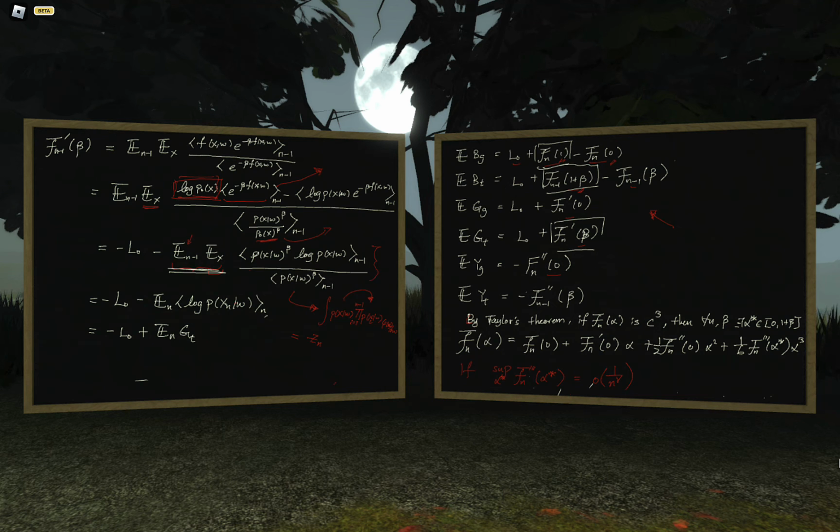Well, then you can start to replace, for example, F_n of 1 by just the first 3 terms.